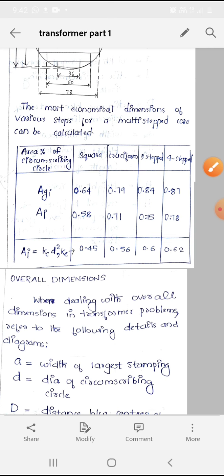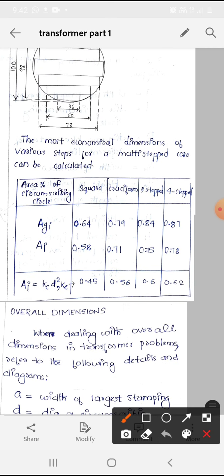Okay, so this table you need to learn by heart. It's very important for doing problems as well as for the questions that are asked for GATE also. These values we need to know: Agi, Ai for square, cruciform, 3 step, 4 step, and also the Ai and Kc values.